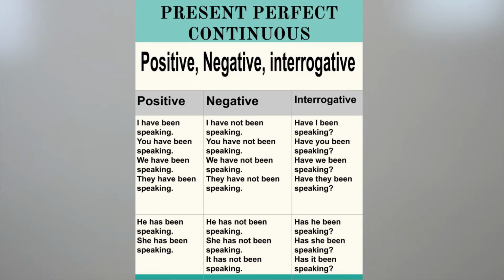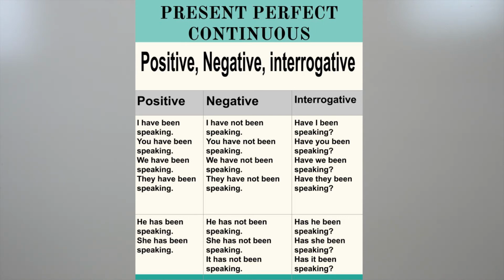In the positive, I have been speaking, you have been speaking, we have been speaking, they have been speaking. He has been speaking, she has been speaking. In the negative, I have not been speaking, you have not been speaking, we have not been speaking, they have not been speaking.